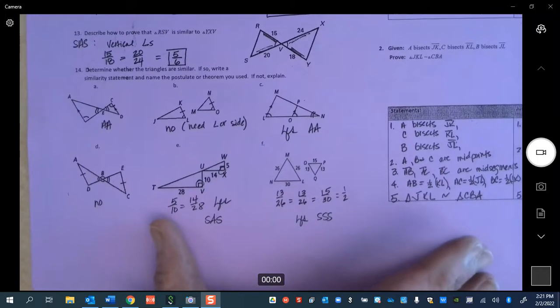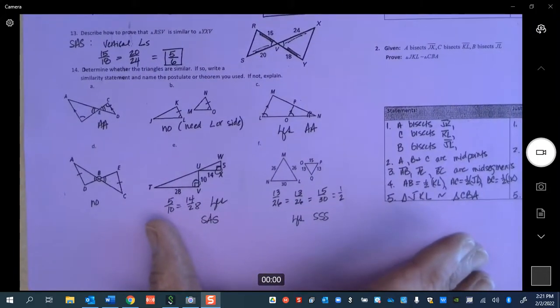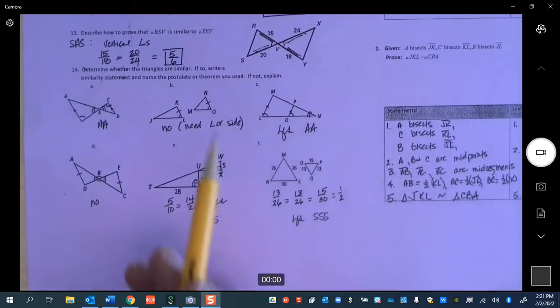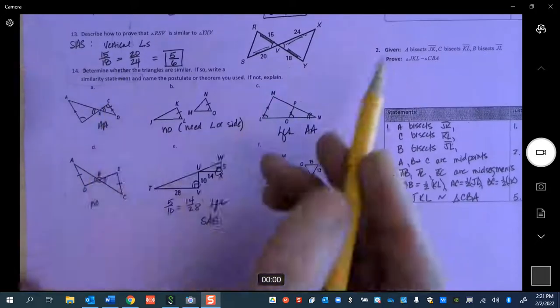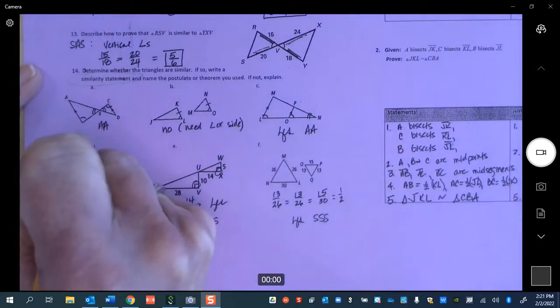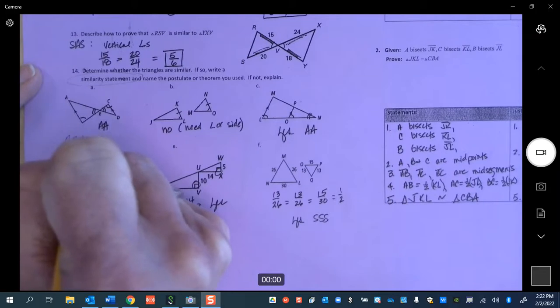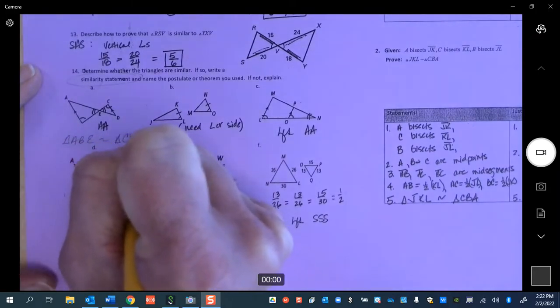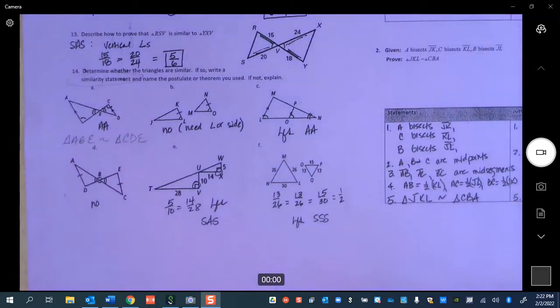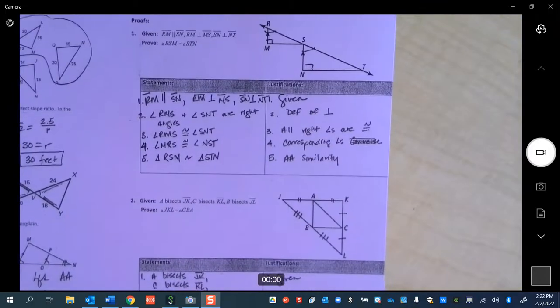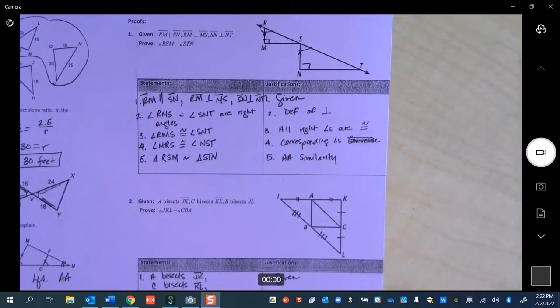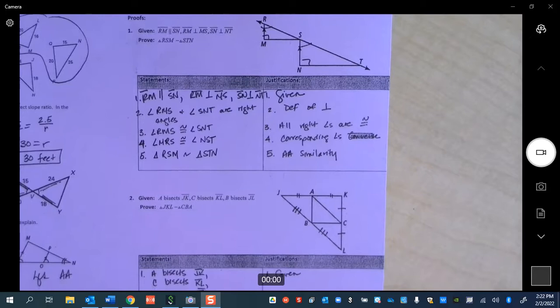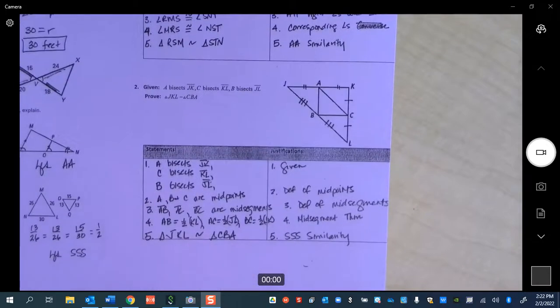Similar triangles. And you were supposed to write a similarity statement here. So what I needed to see was triangle ABE similar to triangle CDE. And then the two proofs on the back, which we talked about when we were together in class. So they should be okay.